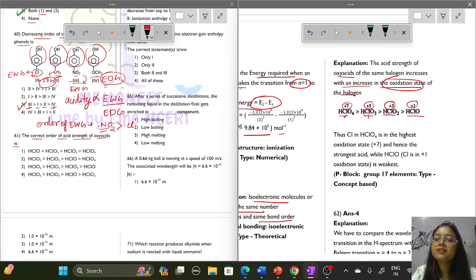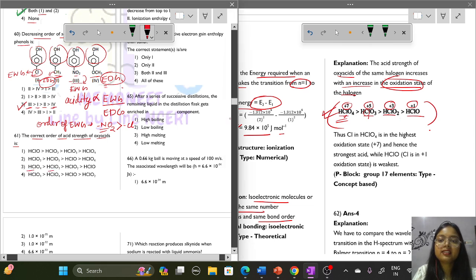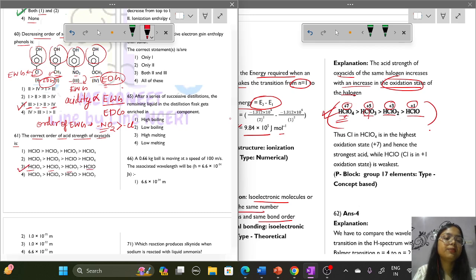So among all these, HClO4 has the highest oxidation number, which means that it is the strongest acid. So this will be the order of acidic strength of oxyacids: HClO4 is the highest, then HClO3, then HClO2, and then HClO. Option number 3 will be the correct option.